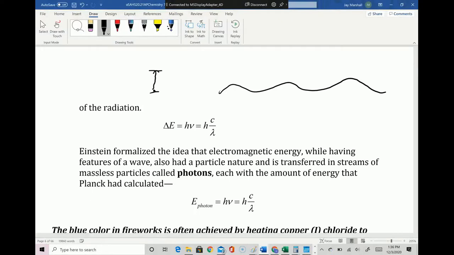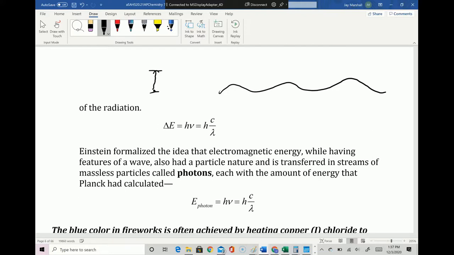And since we know that the frequency is also the same thing as the speed of light divided by the wavelength, we can use the wavelength in this equation as well. So the amount of energy that's going to be transferred by this electromagnetic wave is going to be Planck's constant times whatever the frequency is. Okay, and we'll figure that out here in just a second.